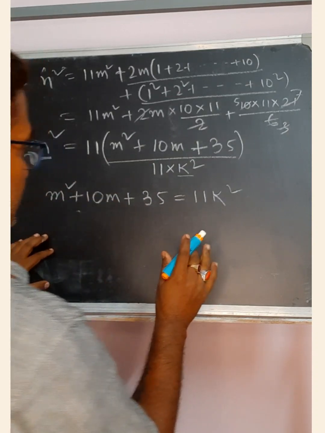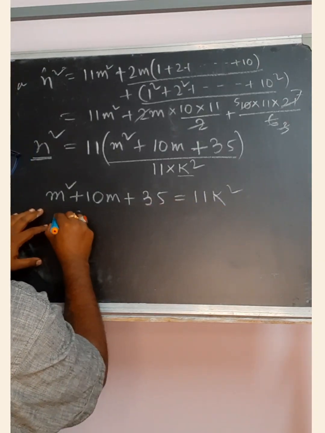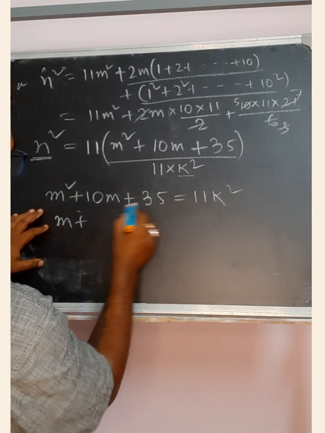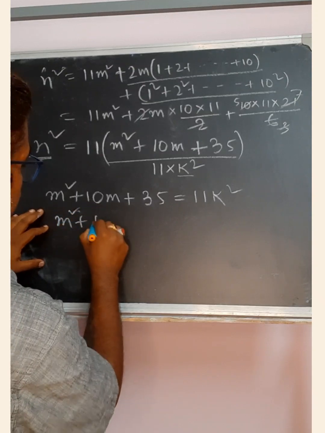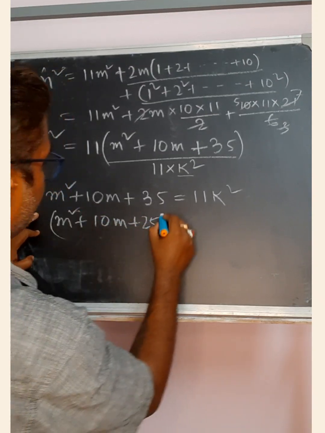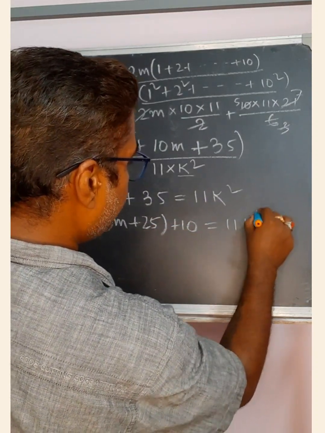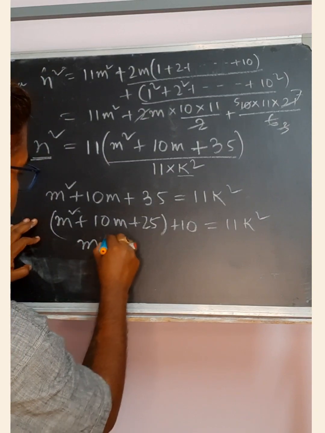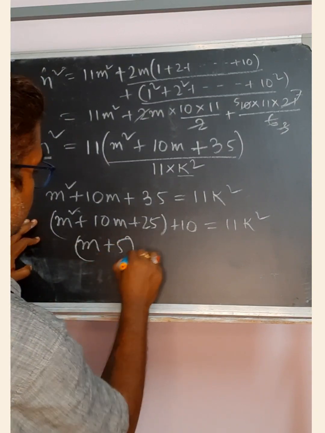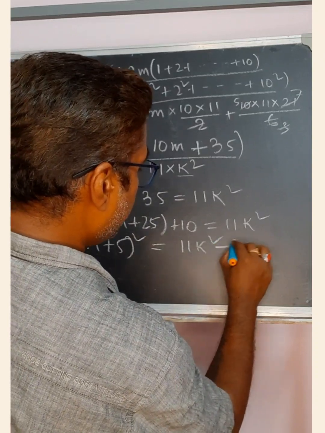Okay, I think you have understood. So now from that, here I can say m square plus 10m plus 25 will make it a perfect square, then plus 10 is equal to 11 k square. Now this is m plus 5 whole square is equal to 11 k square minus 10.